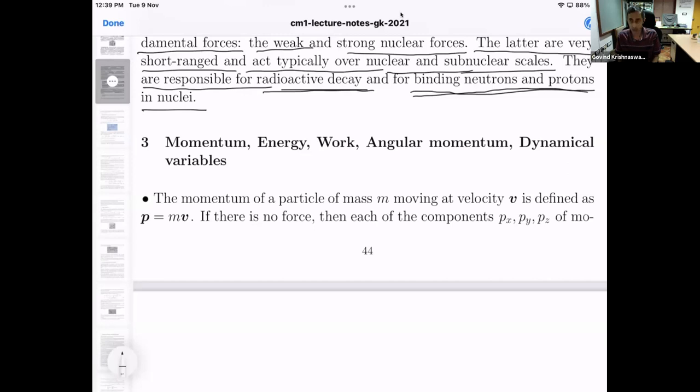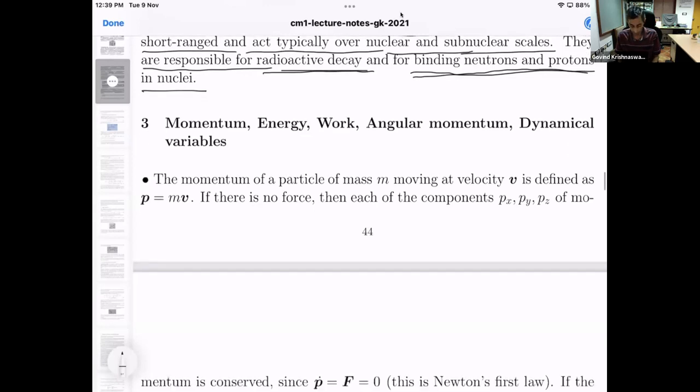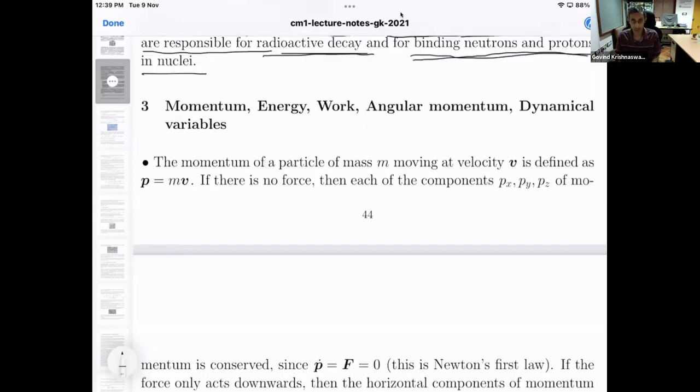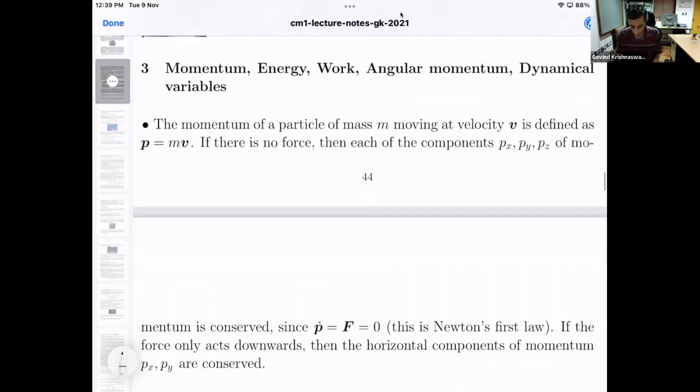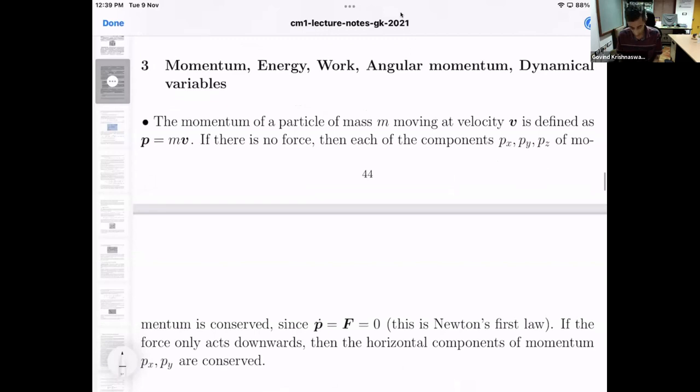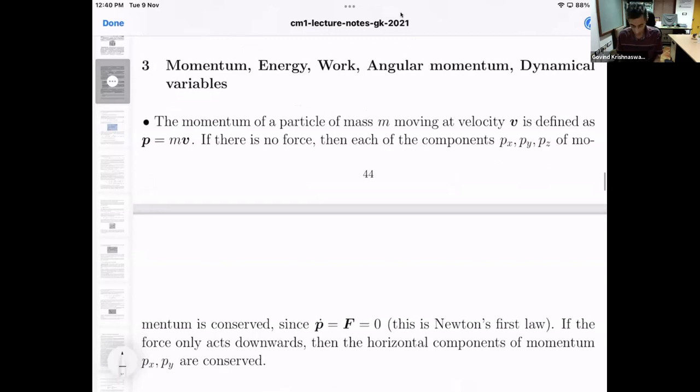Okay, so now we come back to somewhat less qualitative matters. By the way, we also talked about the equivalence principle, which is a very, very important principle of physics, and at the heart of the study of gravity, and was exploited very well by Einstein.